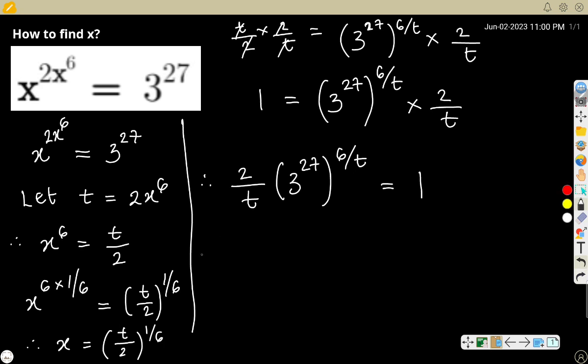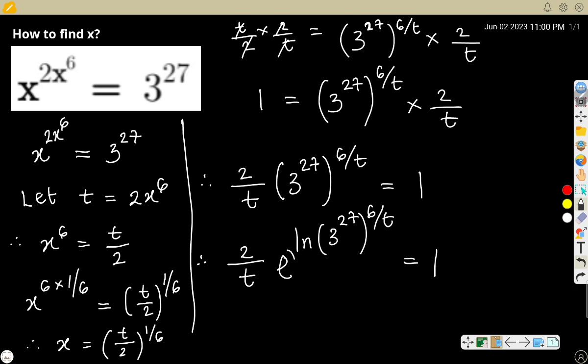So this is the same thing as 2 over t e raised to power ln of 3 raised to power 27 raised to power 6 over t is equal to 1.